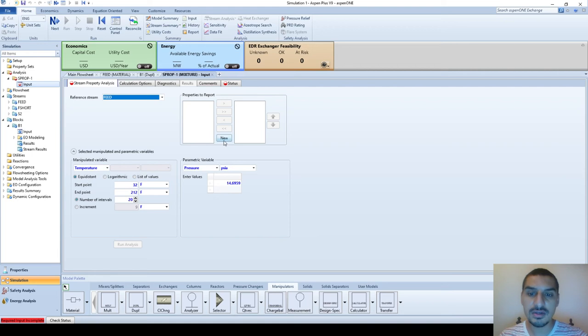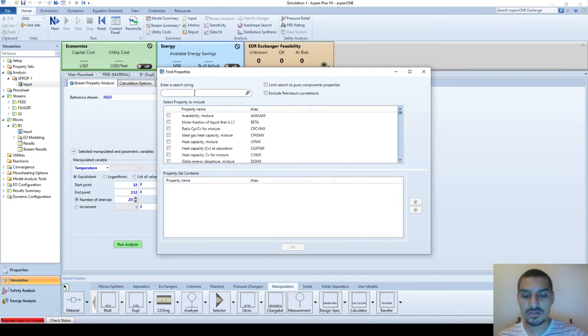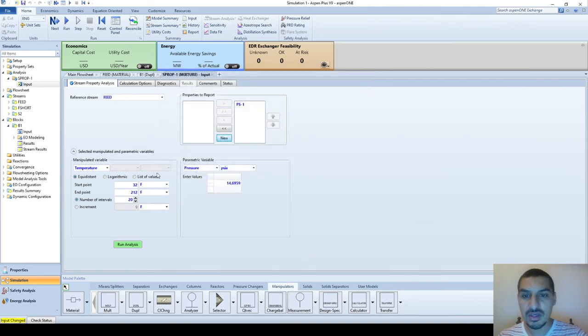So I can create a new property set, and we mentioned the property sets before, and in this property set you can search for the K values. And we need to check the vapor liquid. It's not vapor liquid 2 because it's gonna be for 2 liquid phases, so I'm not interested in this now. So I'm gonna do this for any range of temperature. I'm fine with that, and this is the pressure I'm working in, so I'm okay.